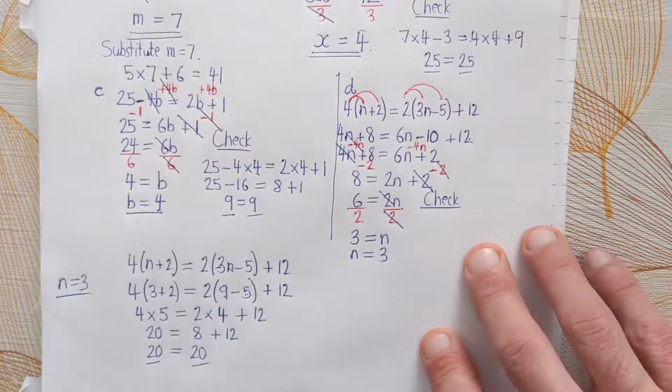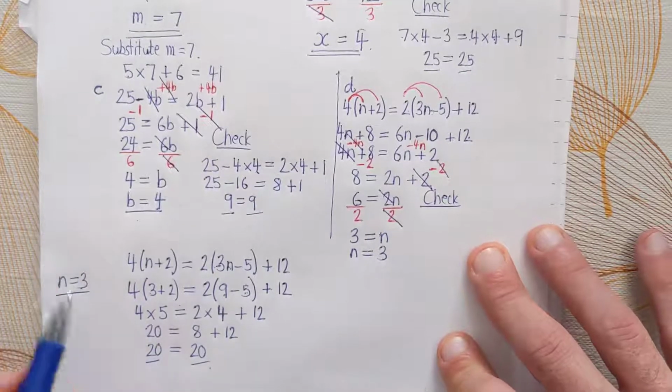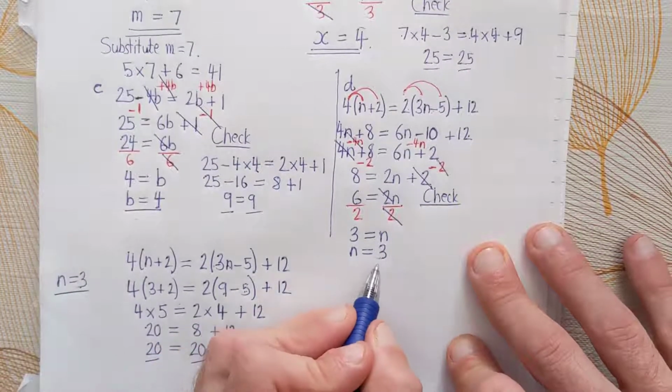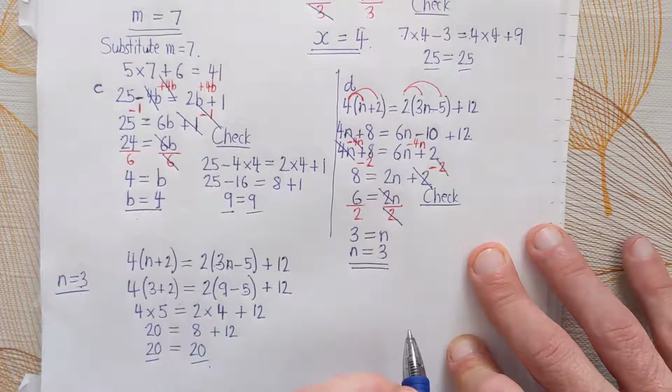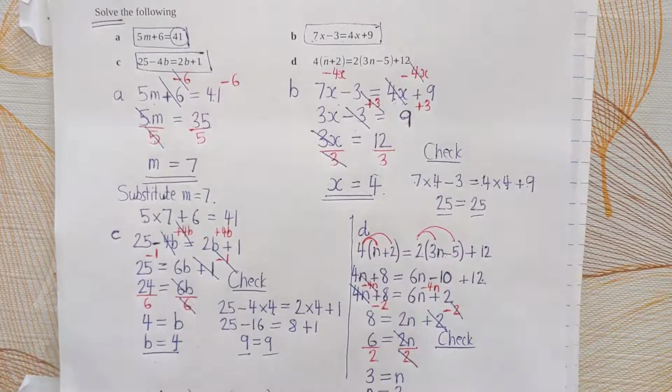We get the same number on both sides, and so we know that the solution n equals 3 is correct. So here are the 4 examples that I've done for you.